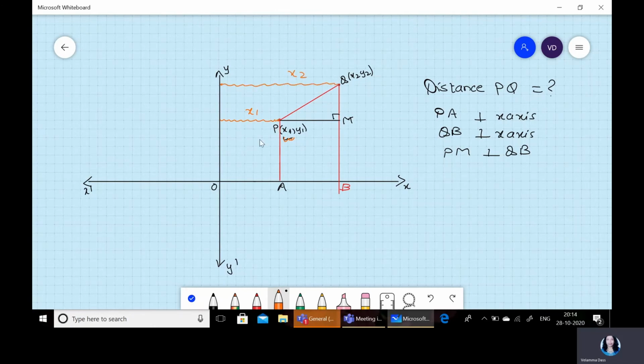We always define these from the origin. So this is x1, this much is x2. So what will be AB? It is x2 minus x1. So we got the distance PM as x2 minus x1.